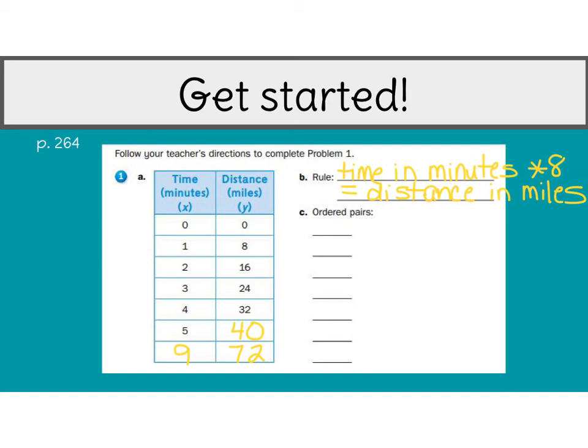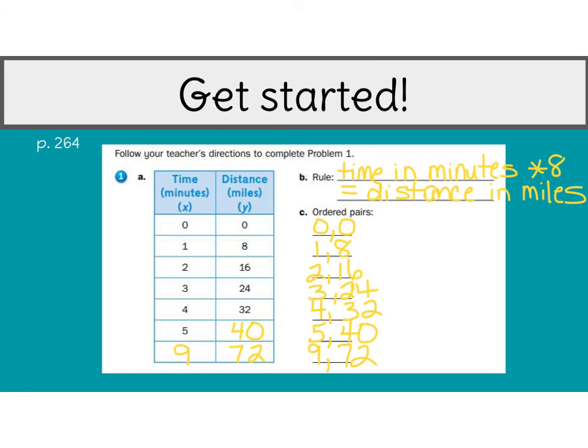Okay. So the next part of that is to create the ordered pairs. So remember, those sets of numbers, the corresponding numbers go together. So we're going to complete our ordered pairs there on letter C. So we'll have 0, 0, 1, 8, 2, 16, 3, 24, 4, 32, 5, 40, and then 9, 72.